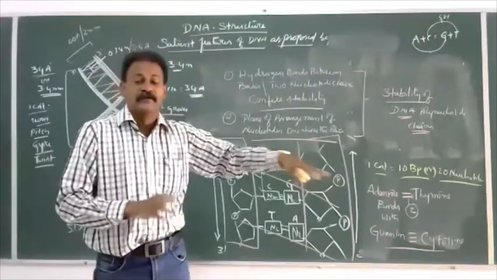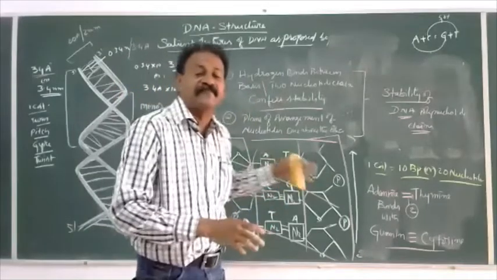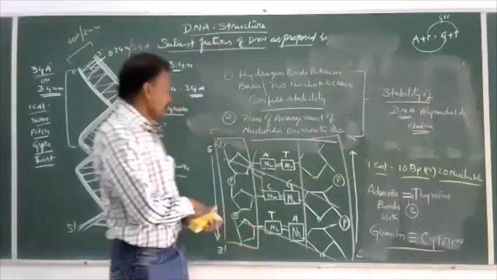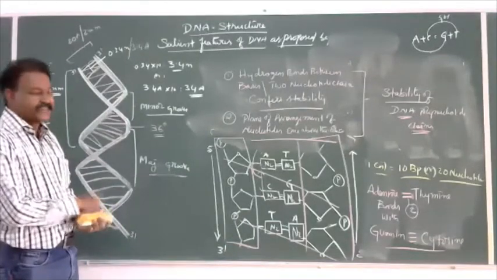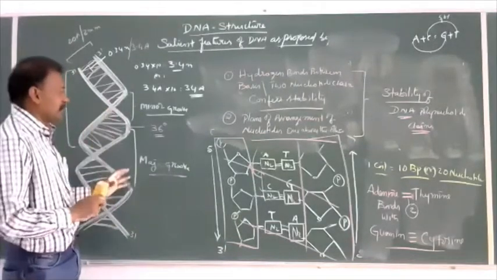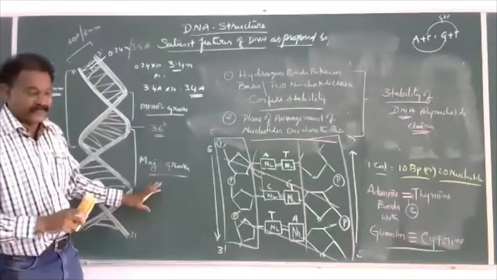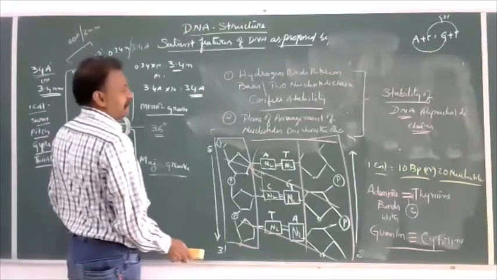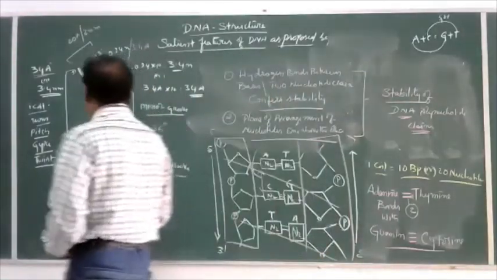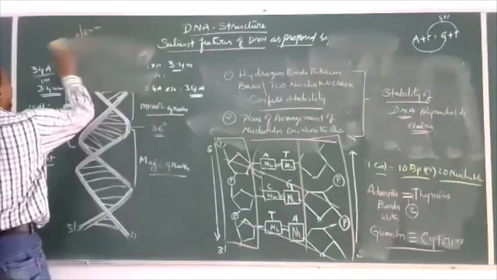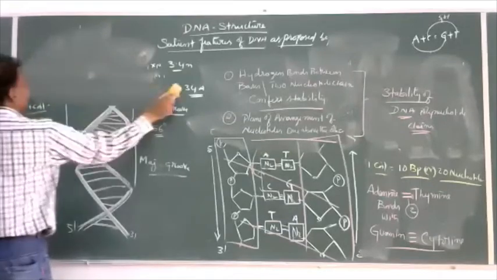So different species, different ratios. And if we know the amount of a particular N2 base, we can identify the other three. How, sir?